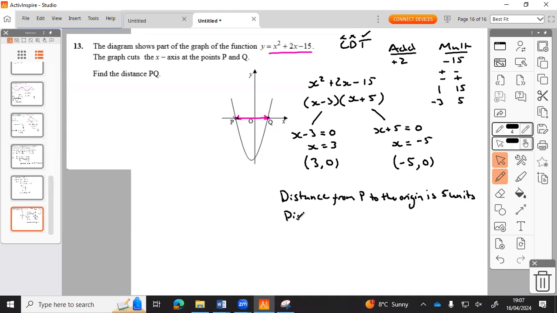The distance from Q to the origin is 3 units. So I'm going back to 0, 5 there, 3 there. Total distance is 8 units.